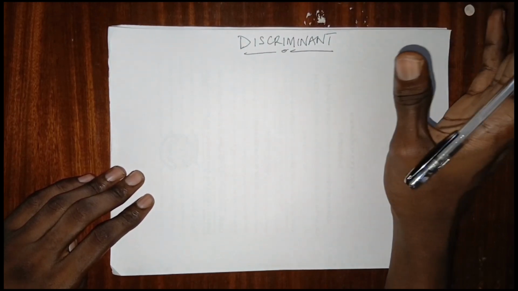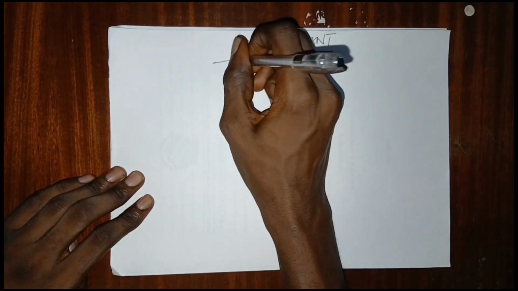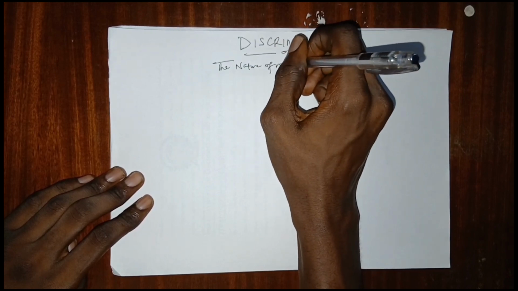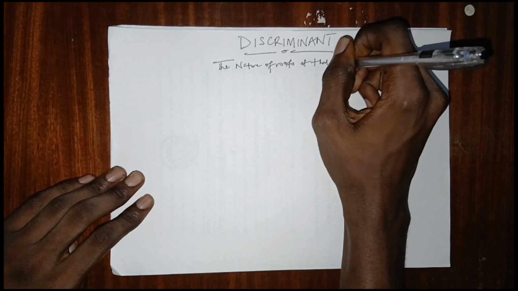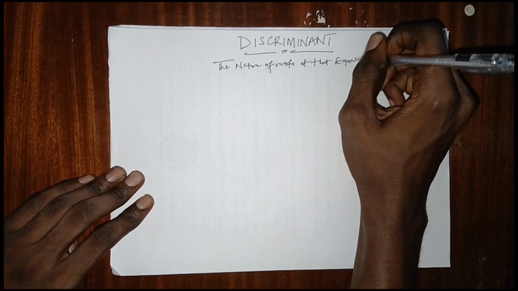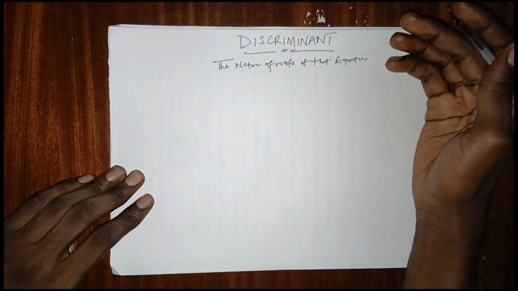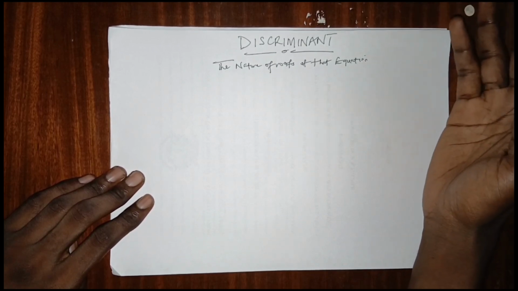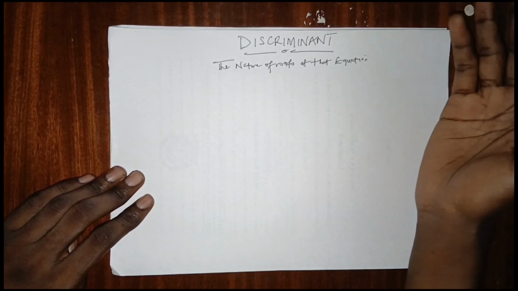It's a portion of an equation that helps us determine the nature of the roots of that equation. In my previous video I explained what roots are, so it shows us what the roots will look like.